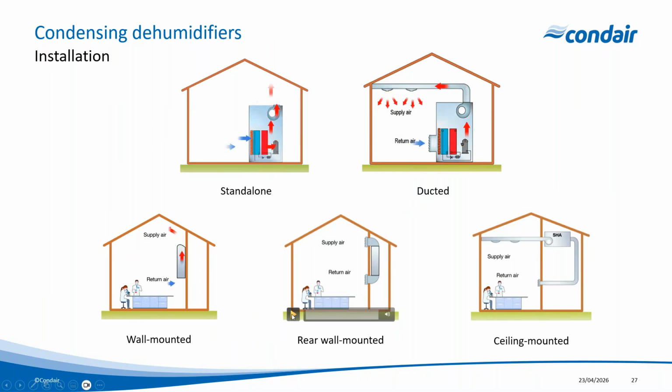And these units, you can have them rear wall mounted, so you can have the unit in a technical area away from the clean room, or indeed you can have them ceiling mounted and then distribute the air across the room. Again, with the latter two, you would then have to have a remote sensor and control, so you're sensing air actually in the space.